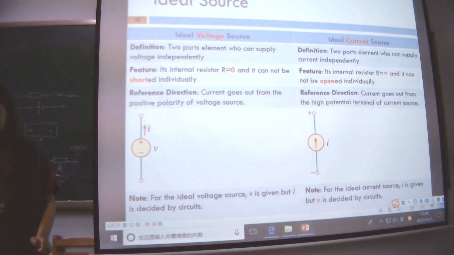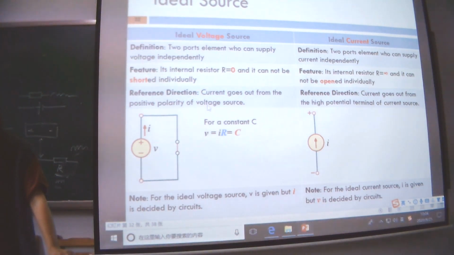Okay, now we're going to have a look at the ideal source. Here is the ideal source. We have two types: one is the ideal voltage source, another is the ideal current source, right? The source is simple, and the reference direction satisfies the active sign convention we talked about before.